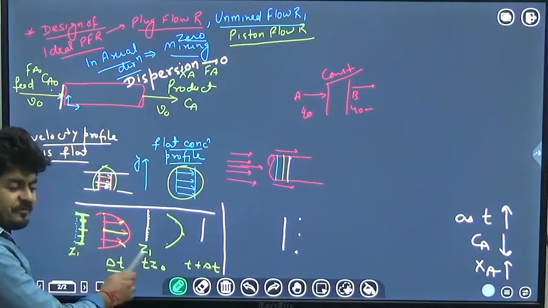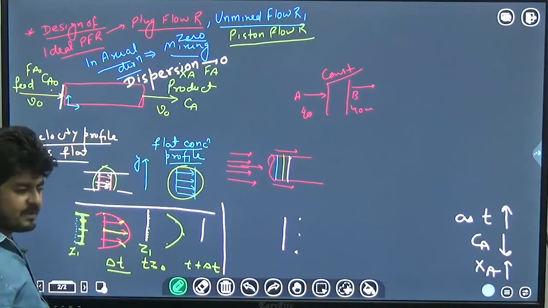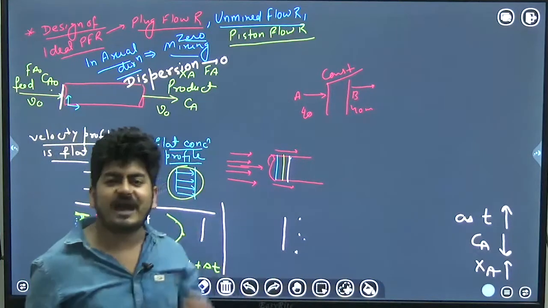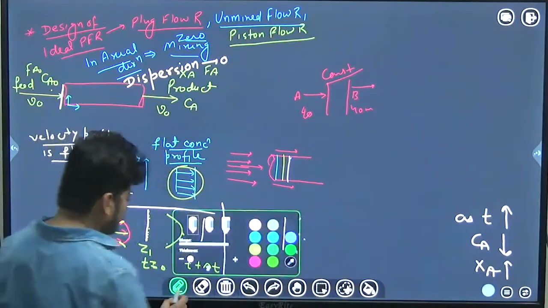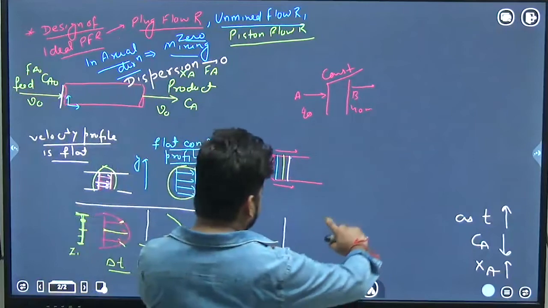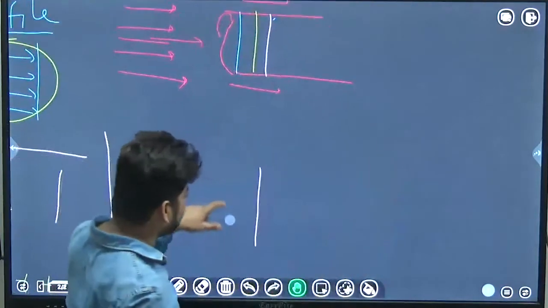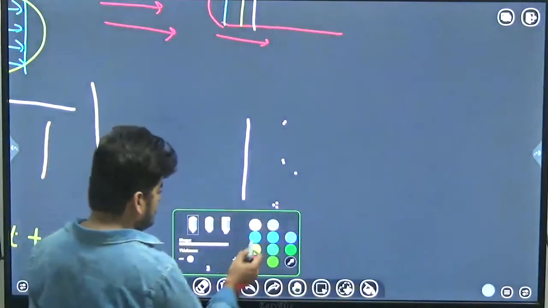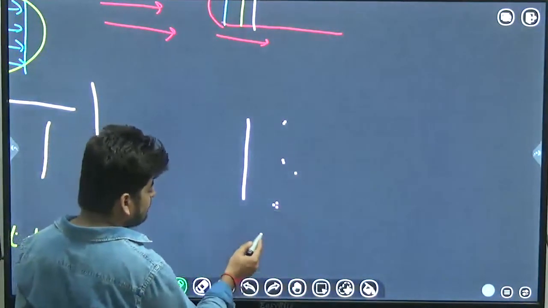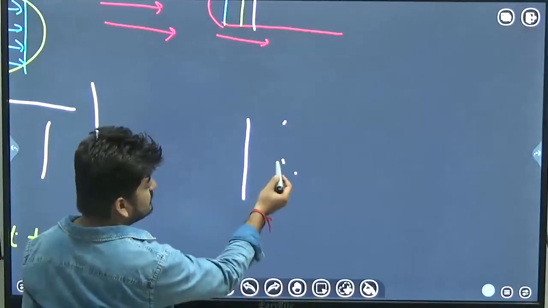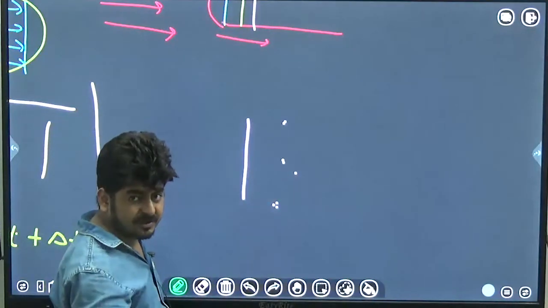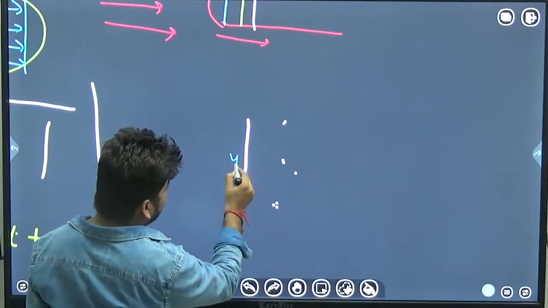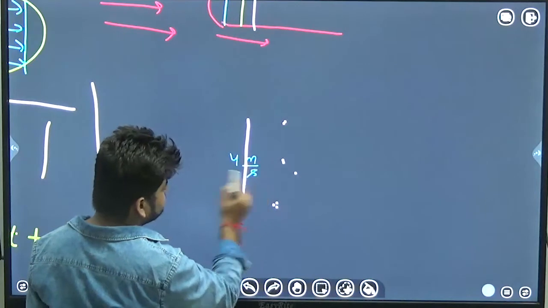If velocity profile is laminar, then it's obvious the molecule at the center will have the highest velocity. Let's try to understand this in a larger way. Molecules at the center will have the highest velocity in case of laminar flow, and suppose that velocity is 4 meter per second.